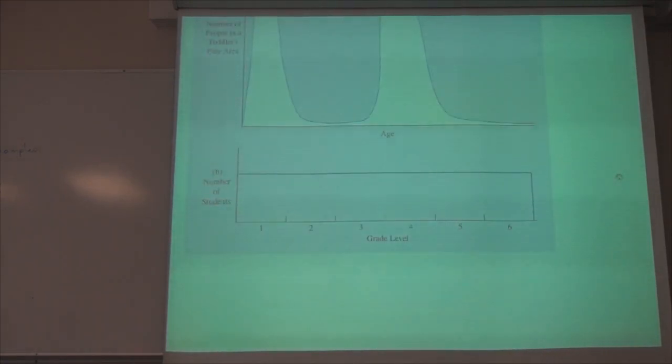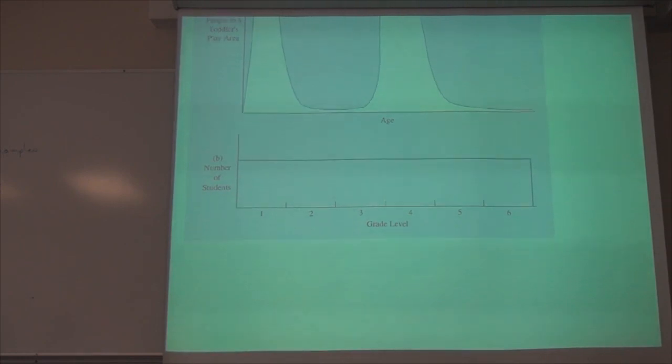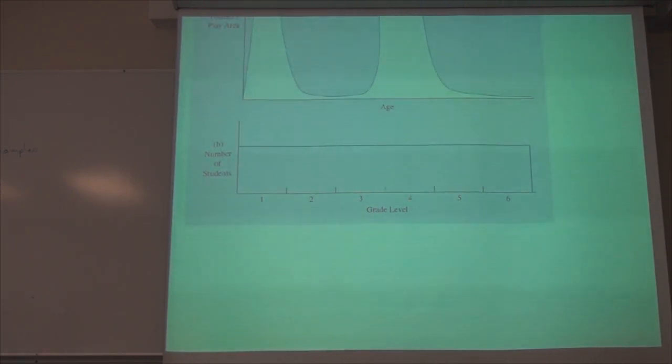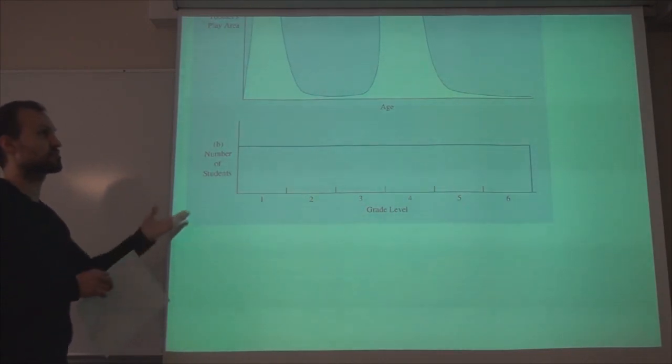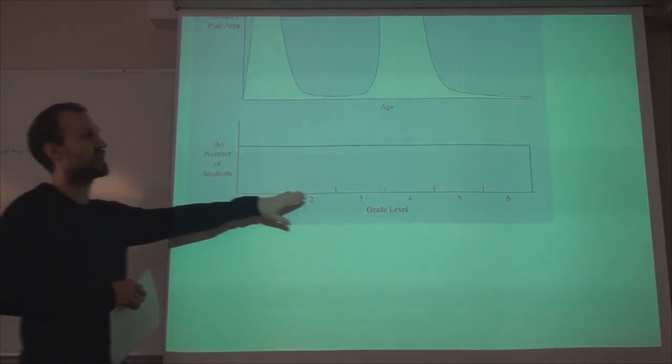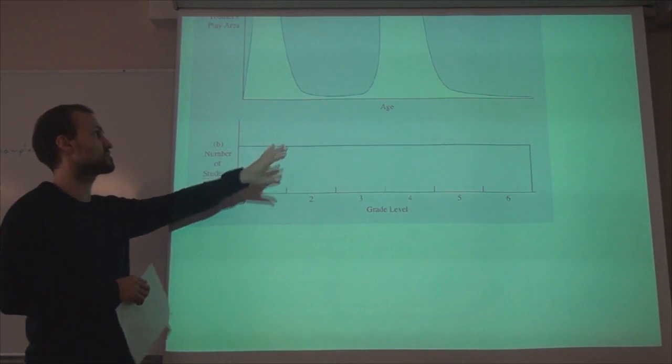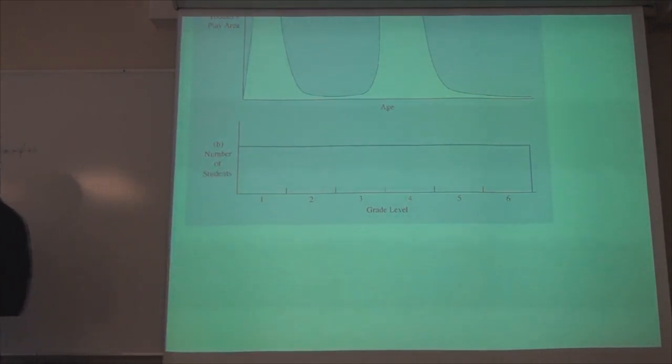There's probably an example on the next slide here, where if I look in a school with fixed class size, let's suppose the school is fairly full, then each grade will have a similar number of students in the classes. So there isn't one that's really standing out. It might not be perfect, but it's sort of pretty level. There's no mode, there's no one value that really pops out.